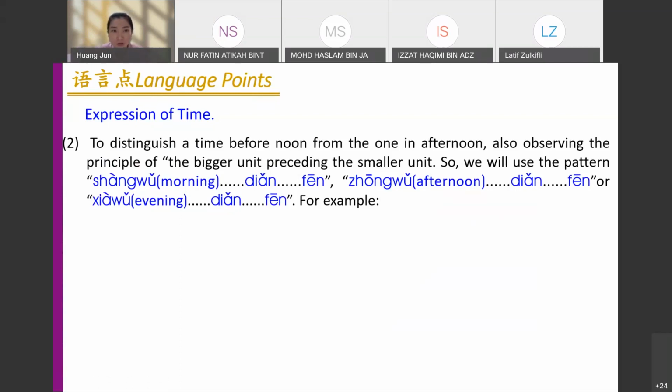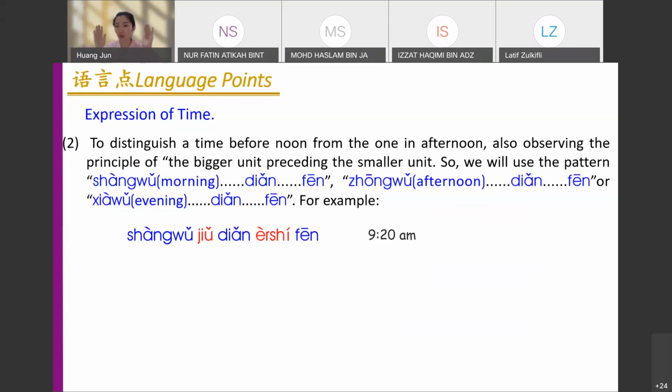Okay, look at it here. When we're talking about 上午9:20, 上午 means morning. I told you 上午 is the time between 8 to 12 o'clock. So 9:20 means 9:20 a.m. 上午 contains from 8 to 12 o'clock, so many hours inside.